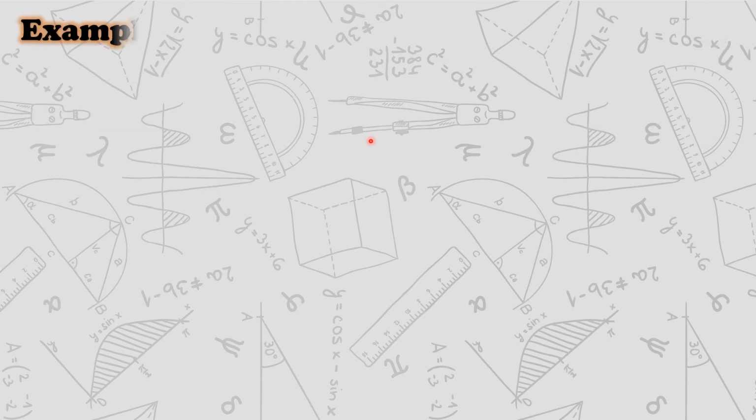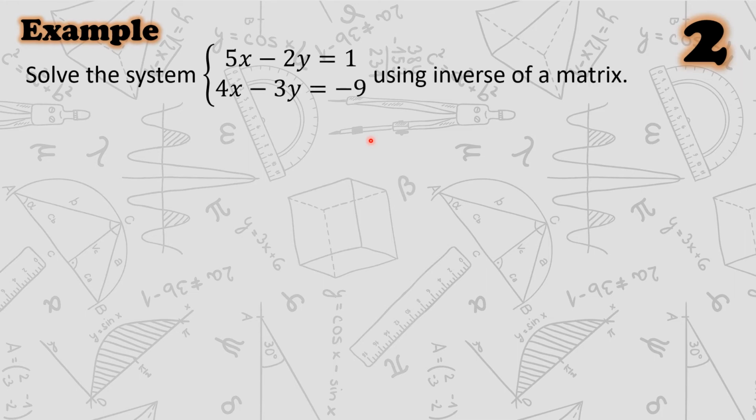Let us have another example. Again, solve the system 5x minus 2y equals 1 and 4x minus 3y equals negative 9 using inverse of a matrix. For our solution, we will not introduce anymore each step, but we will follow this step-by-step solution.